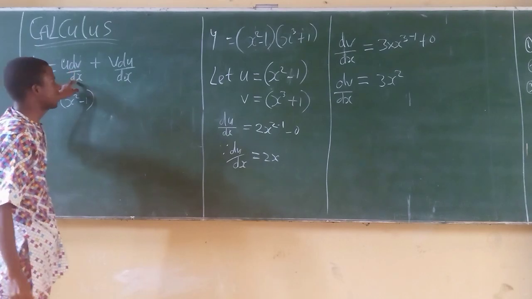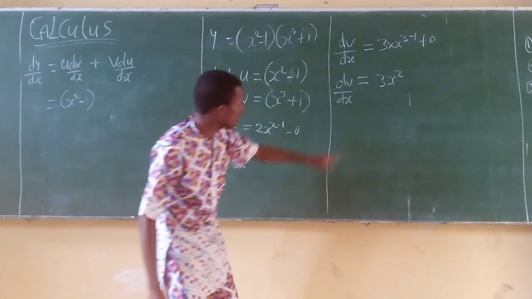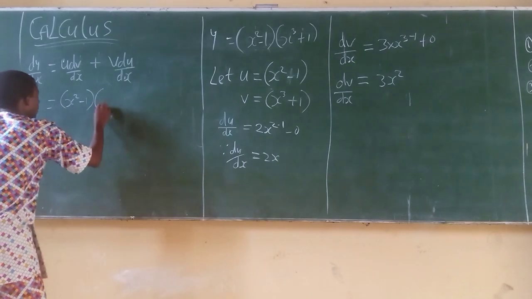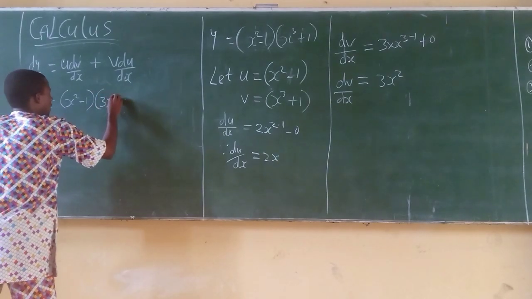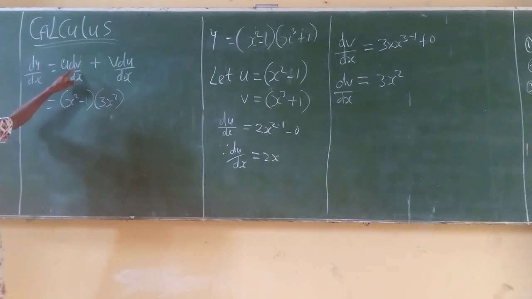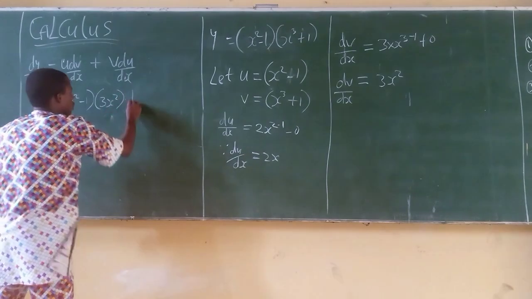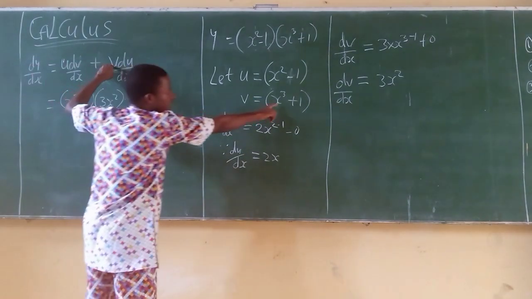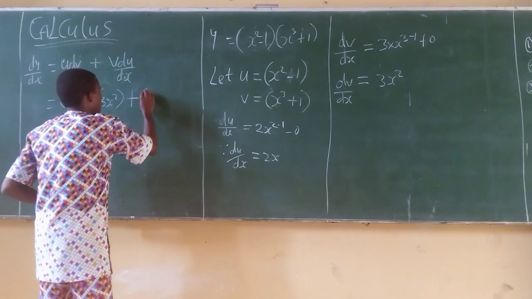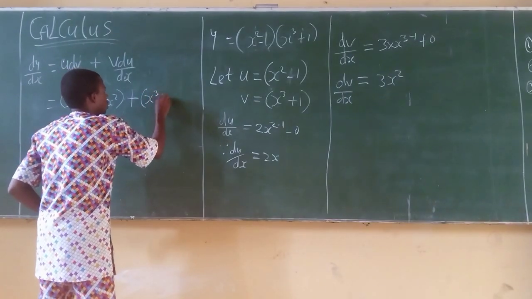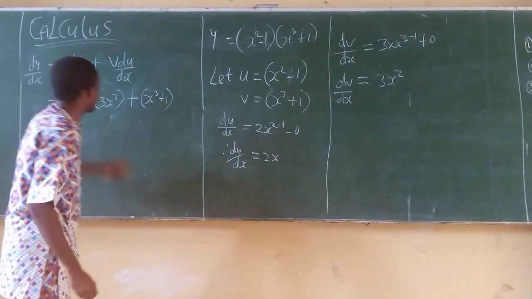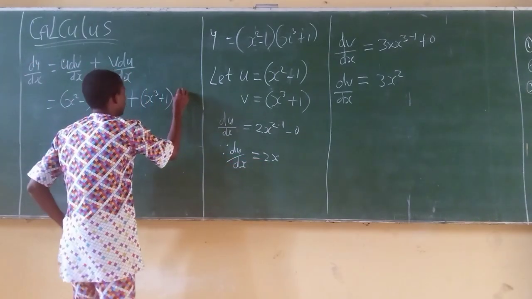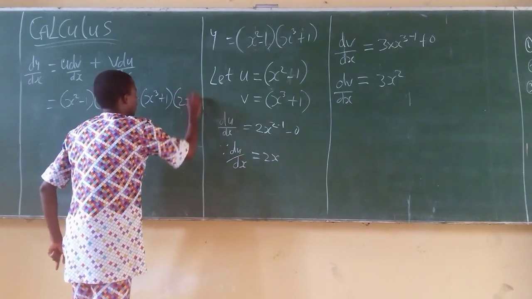Then our dv over dx is here, 3x squared, so times 3x squared, because this is the dv over dx, right? Then plus, our v is what? x cubed plus 1. Then our du over dx is what? 2x. Don't forget that, 2x.